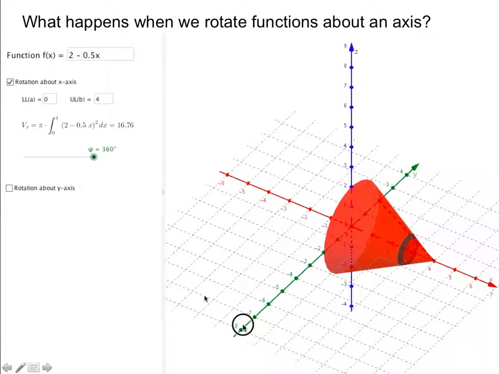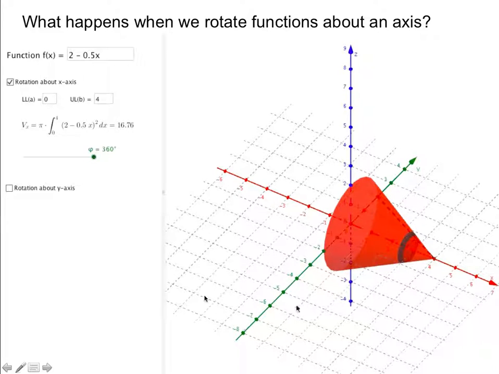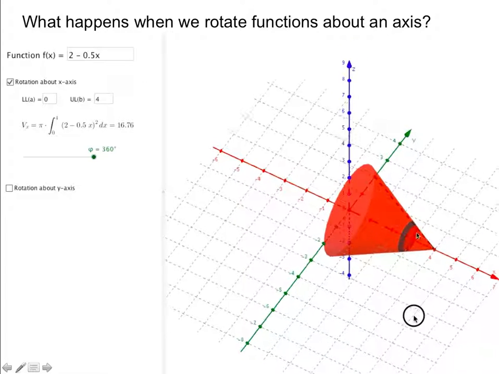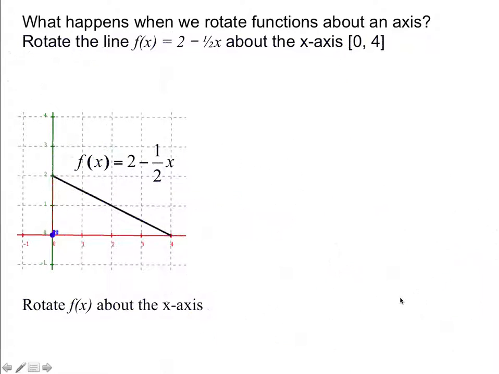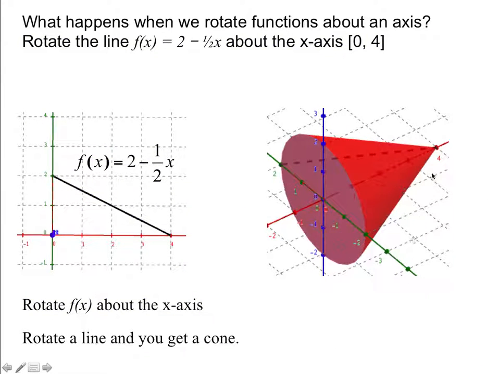But now you might notice that that representative disk, that black disk right here between 2 and 3, is going to have a different size to it. It's always going to be a disk, but it's going to have a different size depending upon where we locate it. So if we locate it at the bottom here, that disk is going to have a radius of 2.